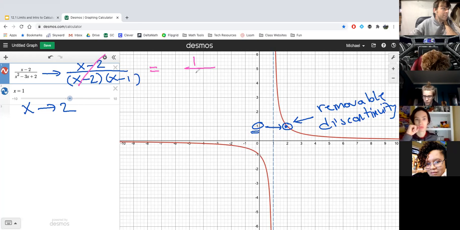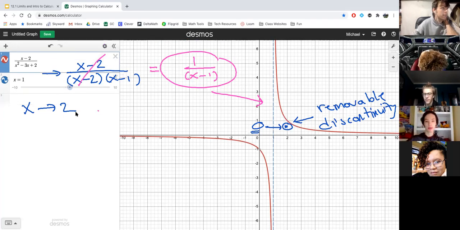We were able to factor out that discontinuity. So this graph is the same exact graph as this, but there's a hole right there. If I graph this function, it's going to give me the same graph as that one. I was just able to factor it and cancel out some terms that were causing that discontinuity.